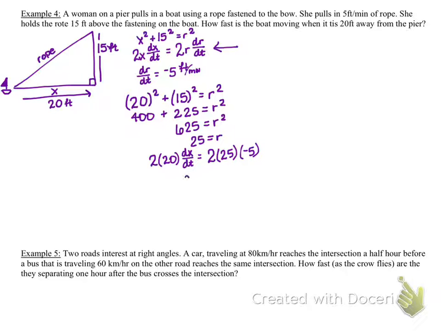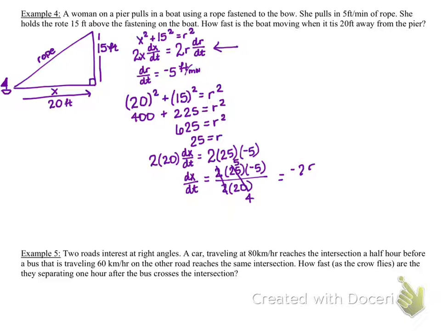Solving for dx dt: 2 times 25 times negative 5, all divided by 2 times 20. I'm not going to do all that because that would be a waste of energy. The 2's cancel. We have 4 here, 5 here, so that's negative 25.